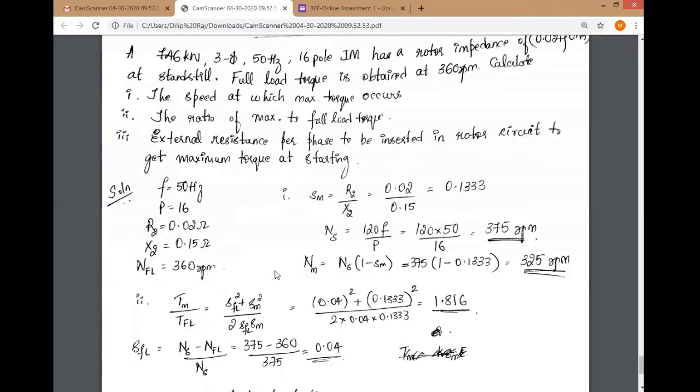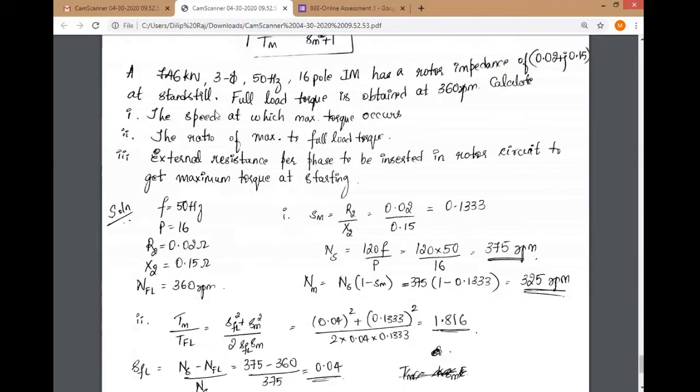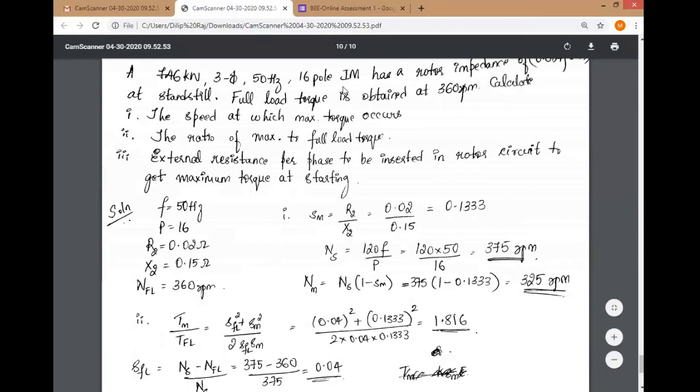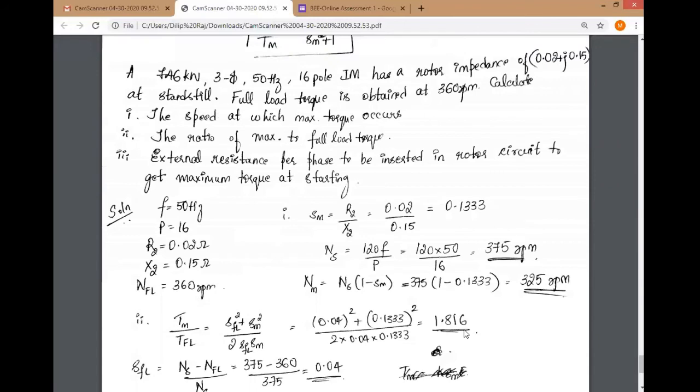Here the problem is given as: a 746 kilowatt, 3-phase, 50 hertz, 16 pole induction motor has a rotor impedance of 0.02 plus j 0.15 at standstill. So 0.02 is R2, whereas 0.15 ohms is the reactance X2, specified at standstill.